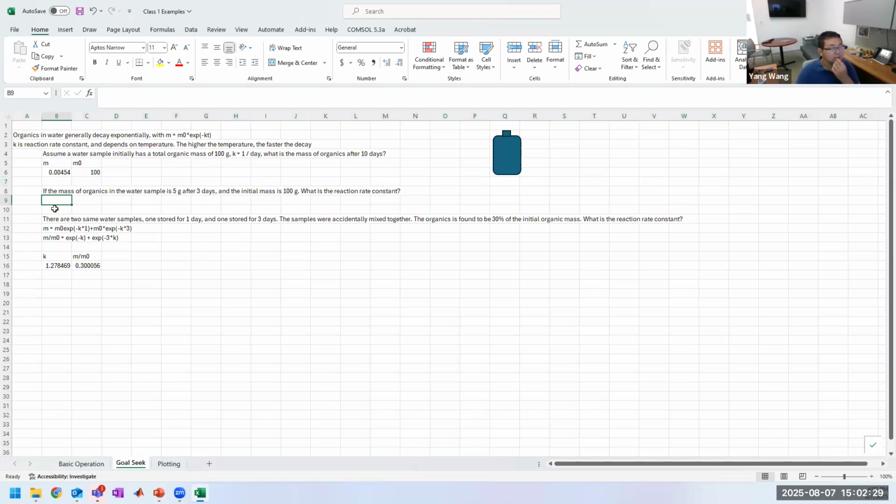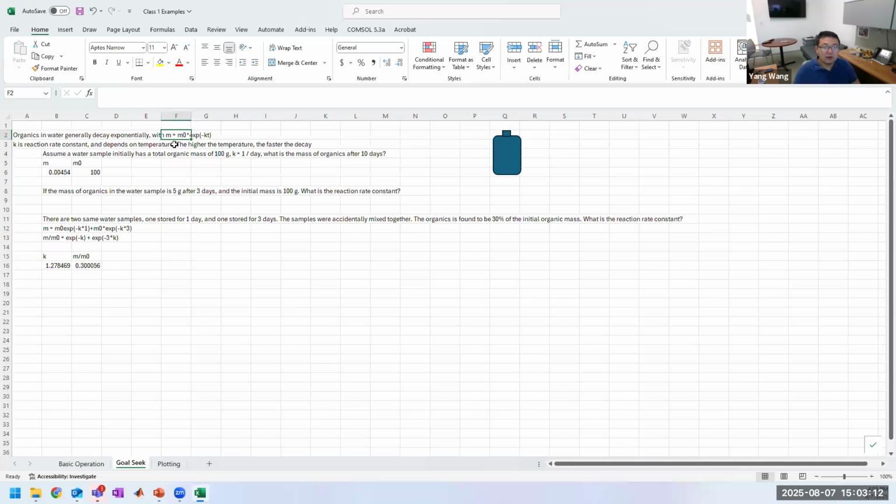We can do a similar thing here, but the problem is reversed. If the mass of organics in the water sample is 5 grams after 3 days, and the initial mass is 100 grams, what is the reaction rate constant? Now you know M and M0, you know time, and you're trying to solve for k. This has actual implications, because different water bodies can have different types of bacteria, some very strong and some very weak, and it also depends on temperature.